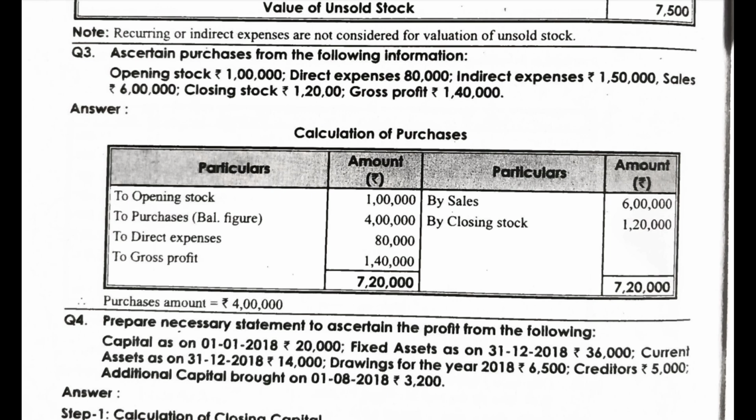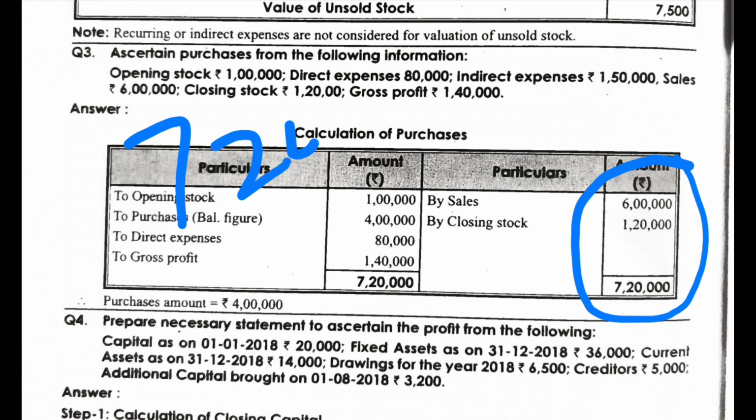So this side total we are getting 7 lakh 20,000 on the credit side. From there, we have opening stock, direct expenses and gross profit, and purchases is not there, we have to find it.